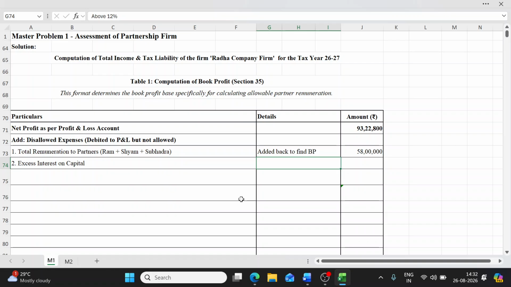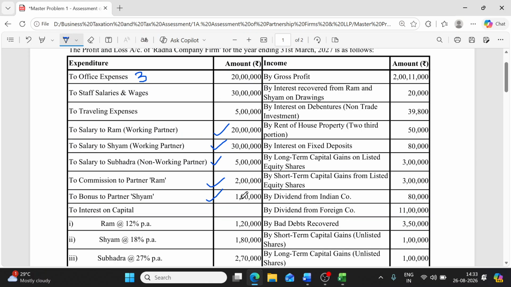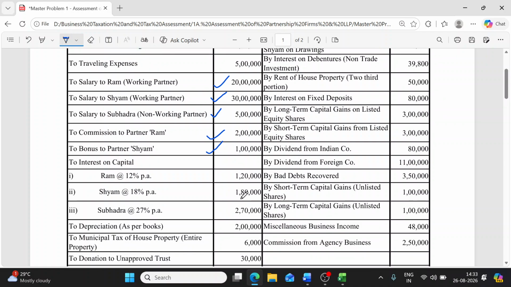So any interest in excess of 12% given to any partner should be added back.